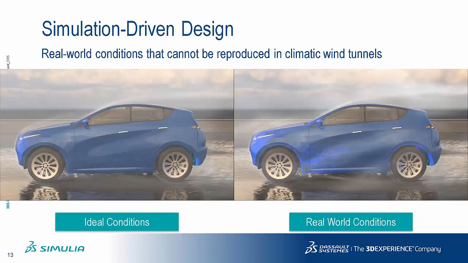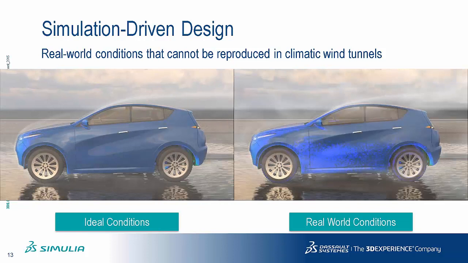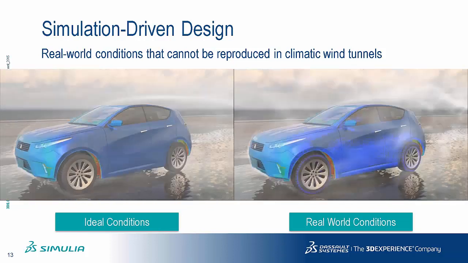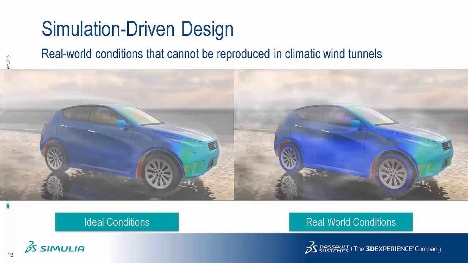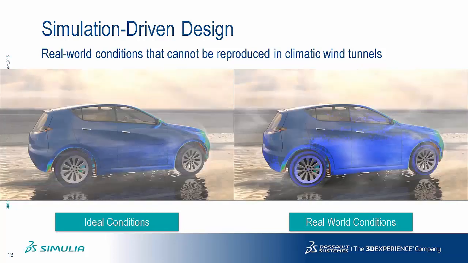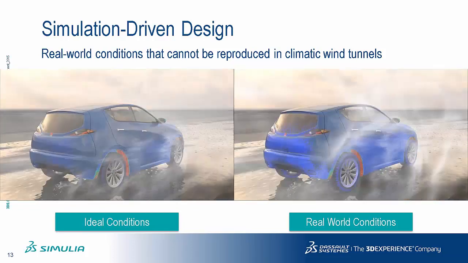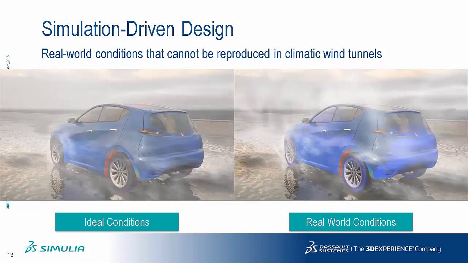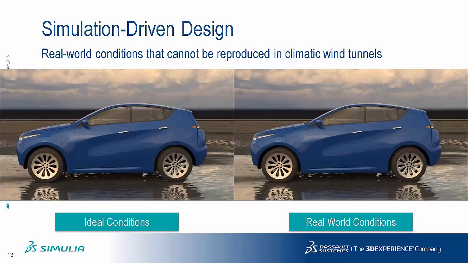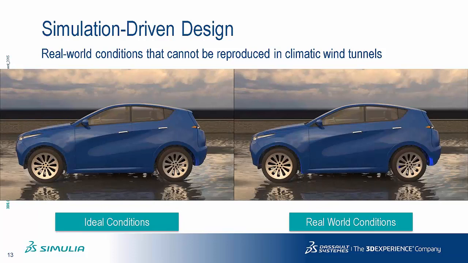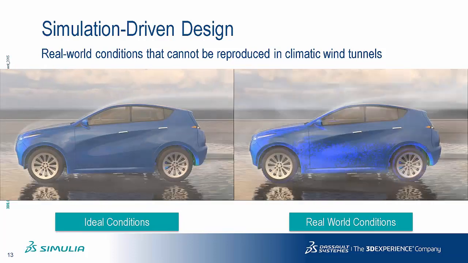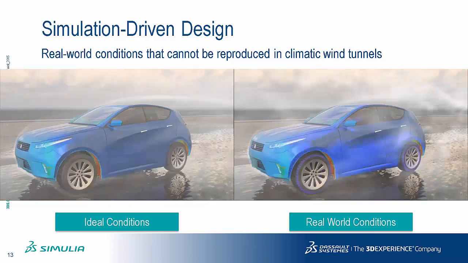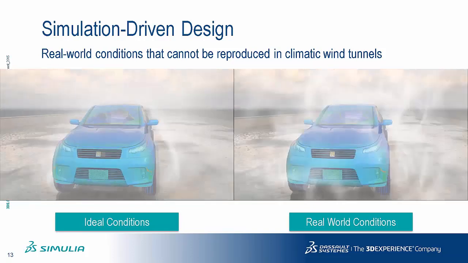Real-world conditions also impact the soiling. For example here, we have ideal conditions on the left, which would be like what you would see in a wind tunnel, very smooth airflow. But in reality, when you're driving on the road, you have vehicle traffic, and that traffic creates turbulence, and these turbulent structures are going to impact the mixing of the soiling and water into the wake structures around the vehicle.